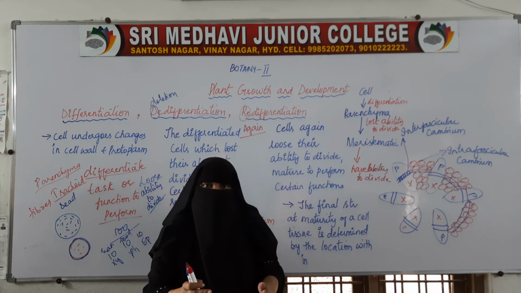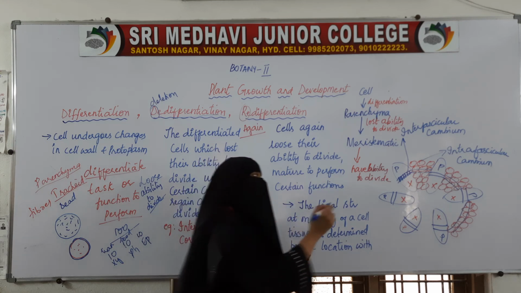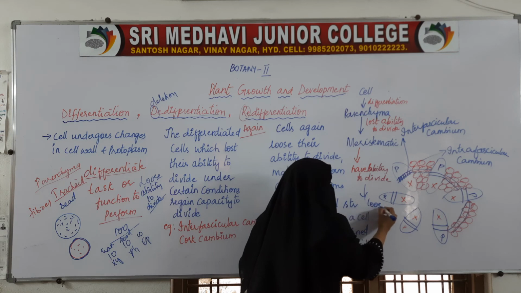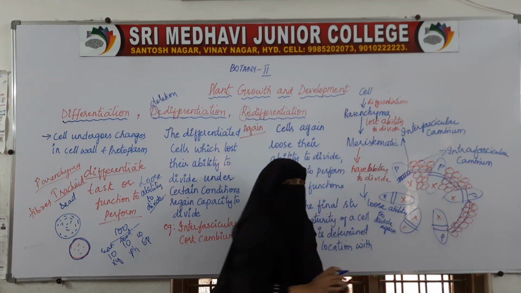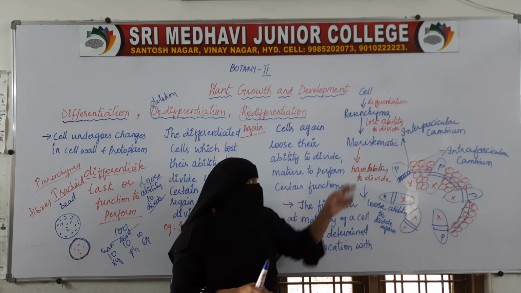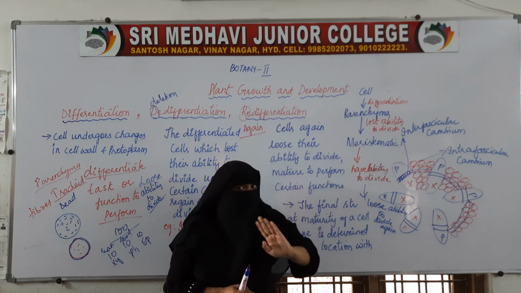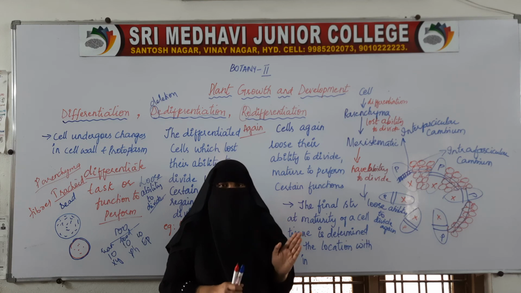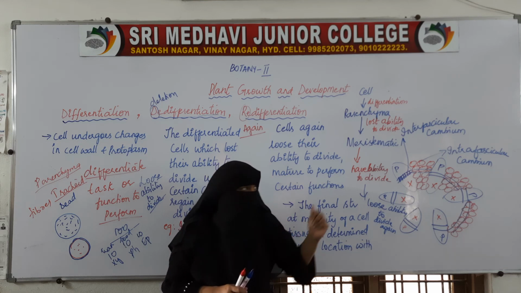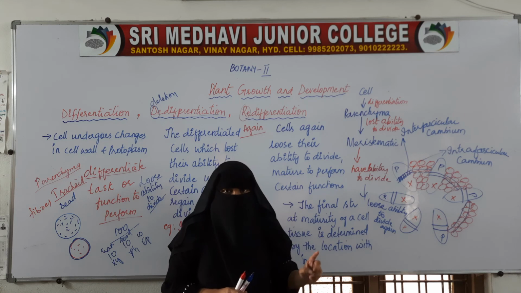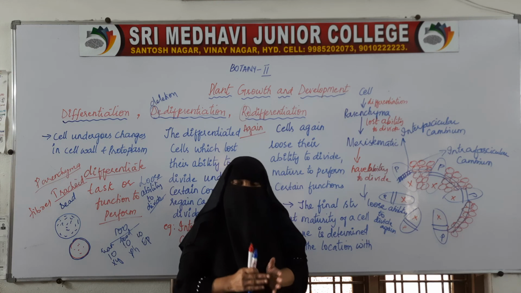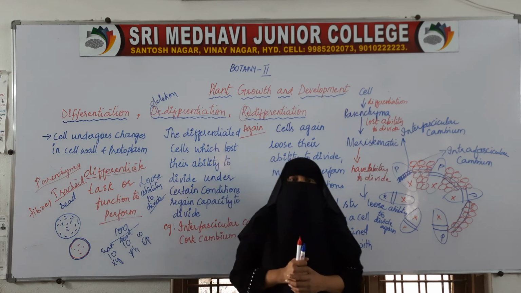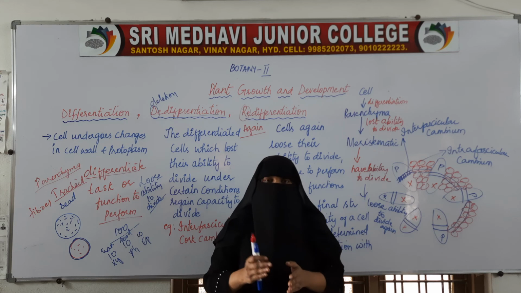So then they will divide again, and after dividing they will lose their ability to divide again after being given a particular function. When they have changed into meristematic, they won't be meristematic throughout their life. They will regain their ability to divide, divide, produce a few cells, which will grow, and again differentiate and perform a particular function.